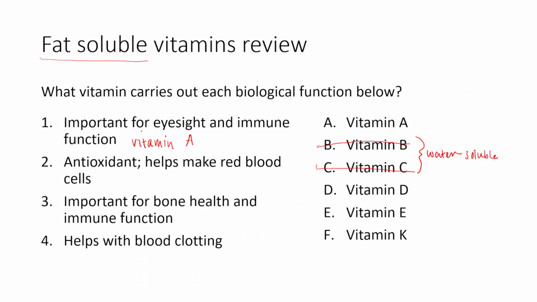Which one is an antioxidant that is important for helping to make red blood cells? Yeah, it is vitamin E. So next one, which one is important for bone health and immune function? Yep, vitamin D.